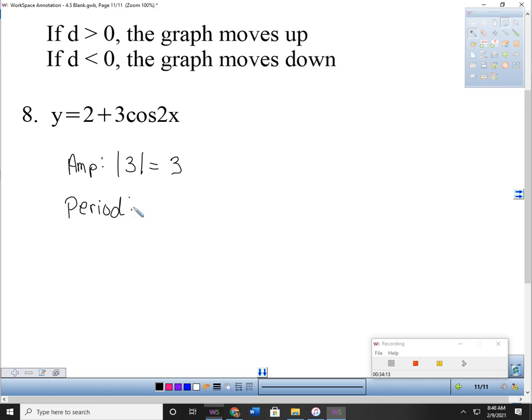So for my period, I take the 2 pi and I divide it by whatever I'm multiplying the x by, which in this case is 2. So I know from beginning to end is a length of pi. So if I take that pi and I separate it into 4 equal sections, that would just be pi over 4. So every time, this is what I will be adding.